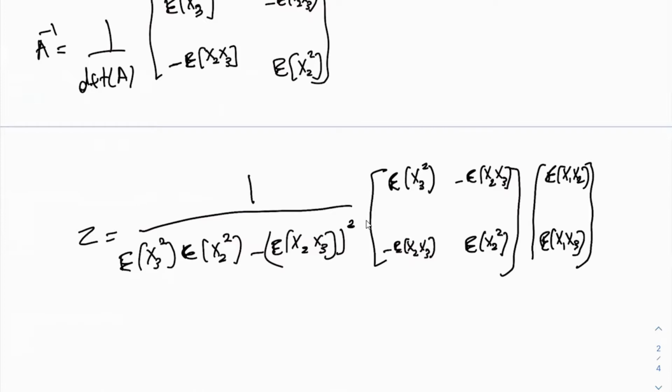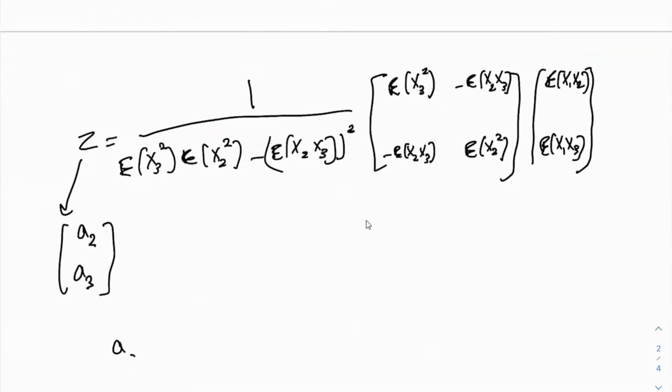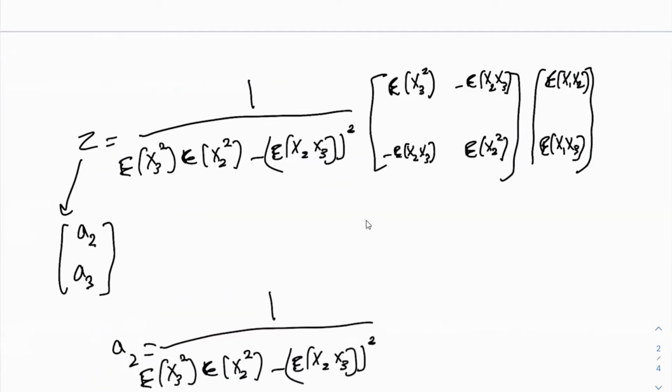Okay, so that's how we would actually calculate the coefficients. This corresponds to A2, A3. So in a sense, if you want to continue further, A2 is going to be what? The denominator is the same across A2 and A3.